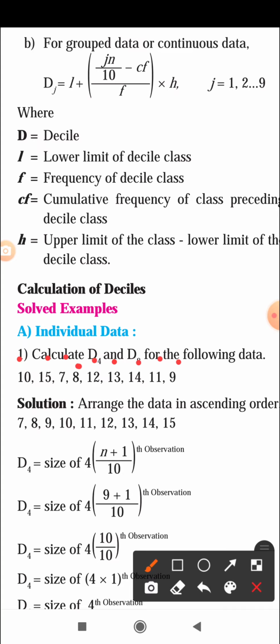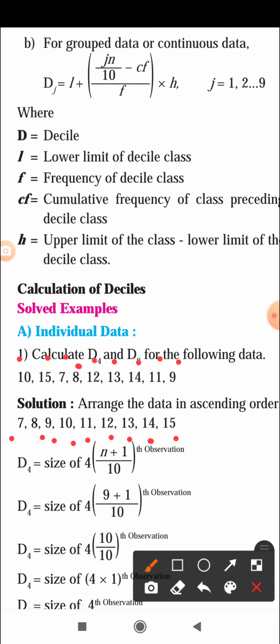First step, arrange the data in ascending order. That is 7, 8, 9, 10, 11, 12, 13, 14, 15.